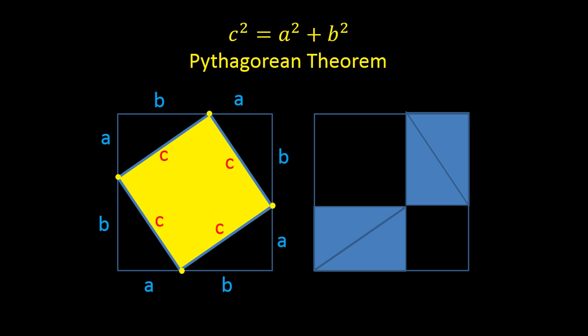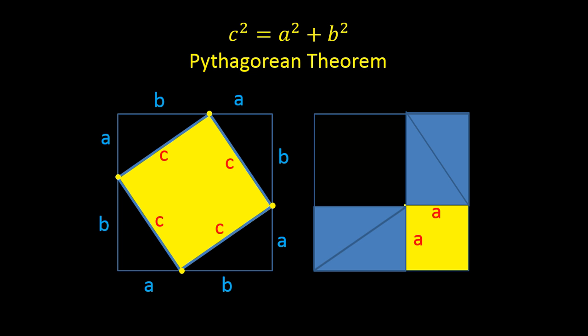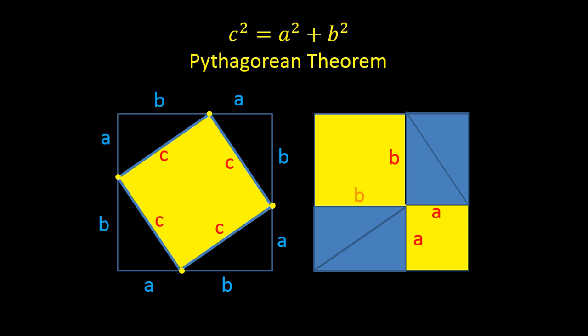So we've just taken away part of the left square and moved it to the right square, which means that the area that we don't see filled in on the right side has to be equal to the area that we see on the left side that's colored in yellow. So these two areas together have to have the same area as the yellow square that we see on the left.